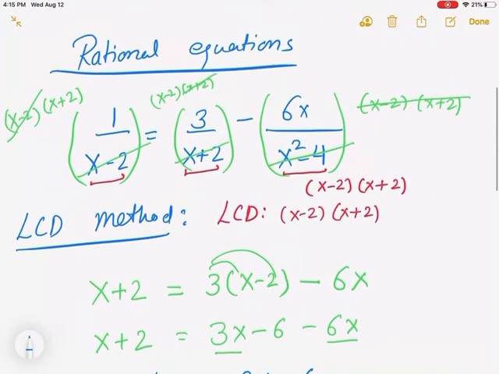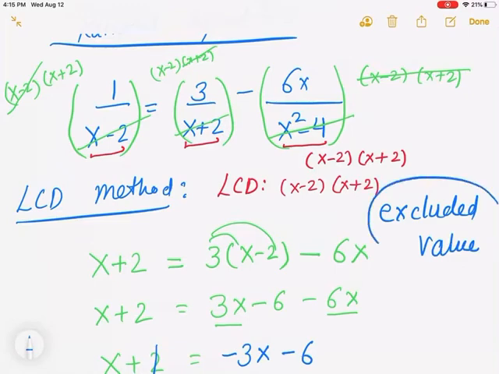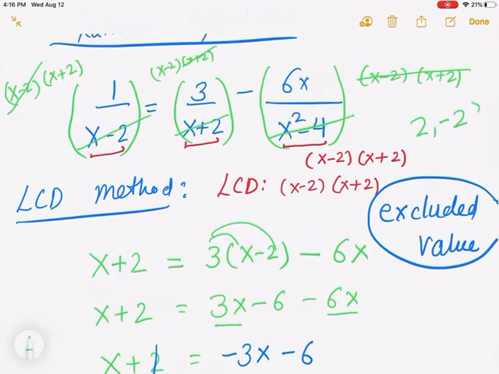So here's something you could do. Remember, if it's a fractional function, you always have to watch out for excluded values. Remember, an excluded value is something that makes the denominator 0. If I just ask you, literally look at the original problem. Is there any excluded value for this big equation? Think about it. If I look at it, I feel like 2 and negative 2 are going to be my excluded values.